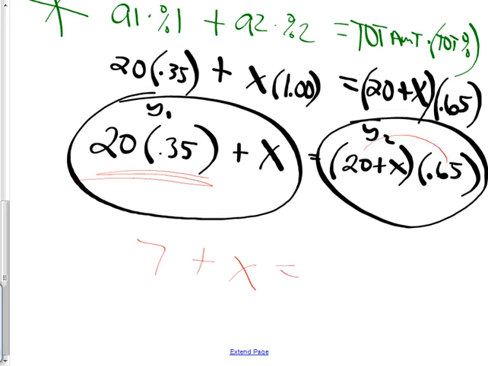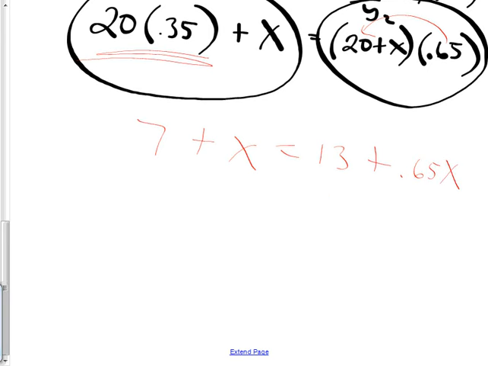Now I'm going to multiply this part out. Doubling 65, that'd be 130. Is it actually 130 though? It'd be 1.3 plus 0.65x. There, I did some of that in my head, but you could have used a calculator. And then you're going to subtract 0.65x from both sides. And then those two cancel.